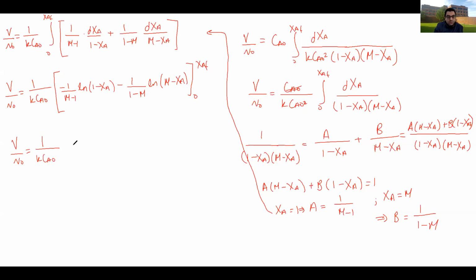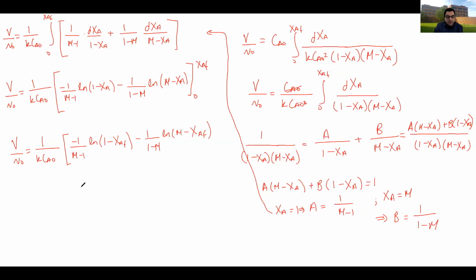Okay, 1 over K CA naught. I'm going to substitute these numbers in here. So I have minus 1 over M minus 1 ln 1 minus XAF minus 1 over 1 minus M ln M minus XAF, right?